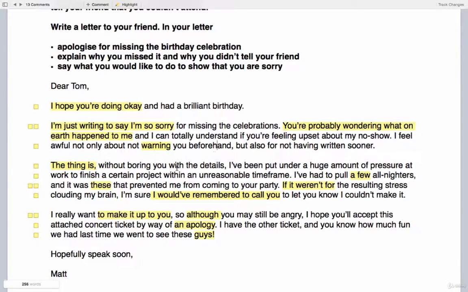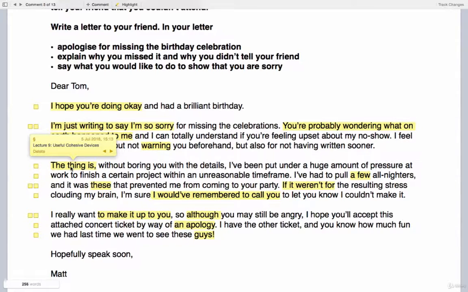Next paragraph. The thing is, without boring you with the details, I've been put under a huge amount of pressure at work to finish a certain project within an unreasonable time frame. What have we got going on here? The thing is, useful cohesive devices, lecture 9. This is coming to coherence and cohesion. And what we're doing here is we are introducing the paragraph in a way that kind of links with the previous paragraph.